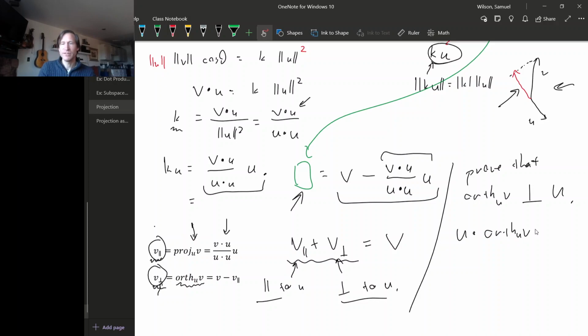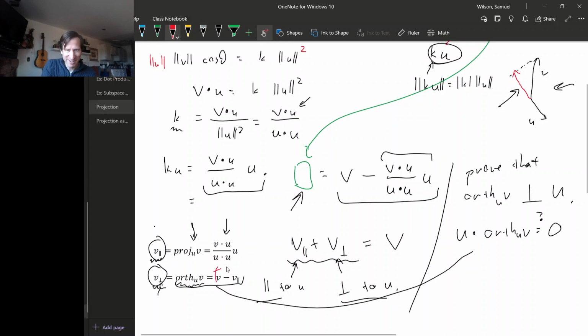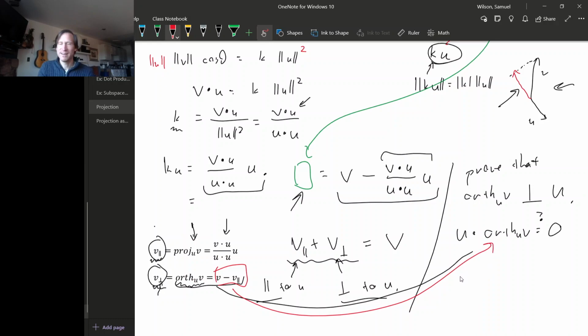Right? So I'll leave that as an exercise. So you can just use this formula, right? Put it in here. Use this formula. Put it in here, and use properties of the dot product. All right.